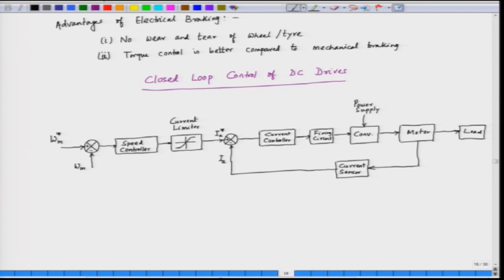Now, we have an inner loop here. The inner loop is a current loop, and in the outer loop we have a speed loop. The speed of the motor is sensed. We have a speed sensor.